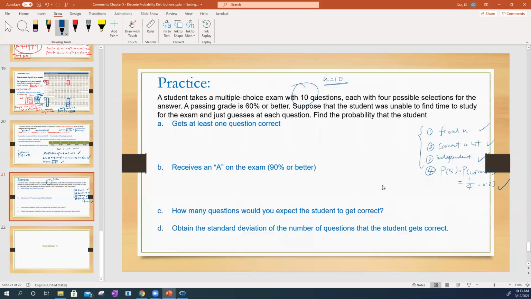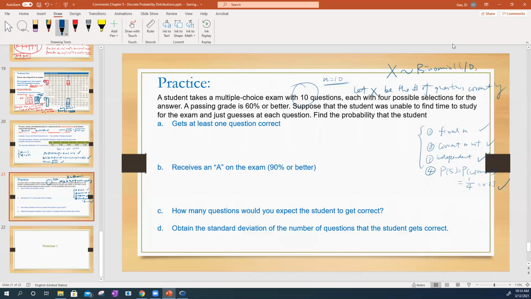So x represents the number of questions that a student can get correctly. So let x be the number of questions the student can answer correctly. Then we say what? X follows a binomial distribution with, we have to define n and p for a binomial distribution.